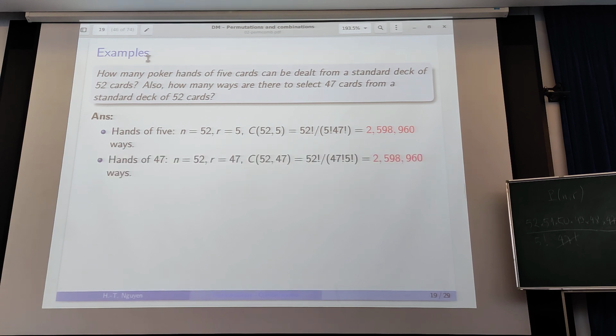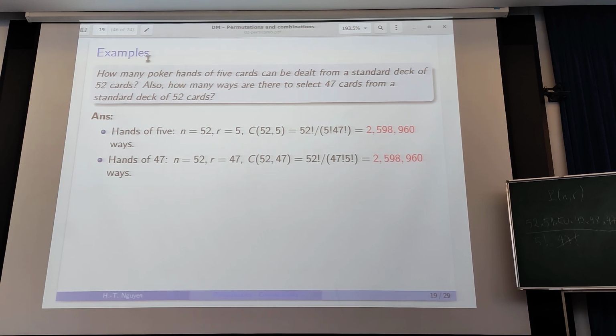So the second question asks how many ways there are to select 47 cards. Of course, you do the same. Here we change the row, so we have 52 choose 47.